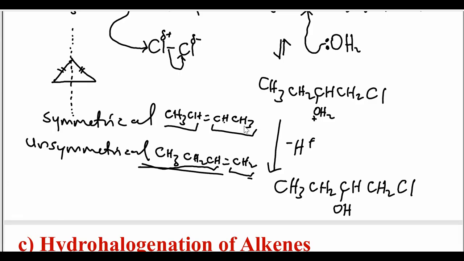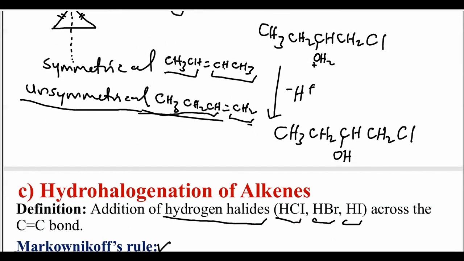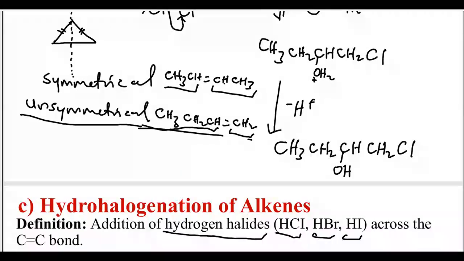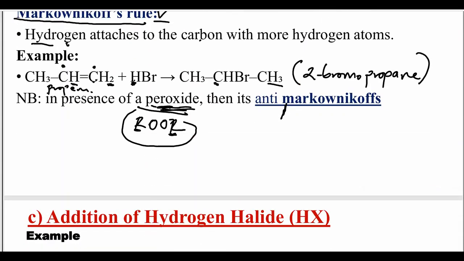Yes, but teacher, you said Markovnikov's applies on symmetrical. No, it applies on those which are unsymmetrical. Oh, okay. Now understood, even with the definition of Markovnikov's, because it will be attached to the one with more hydrogen. Yes, very good. But for the symmetrical one, they are the same, so there's no carbon atom with more hydrogen atoms. Have you seen? Yes.